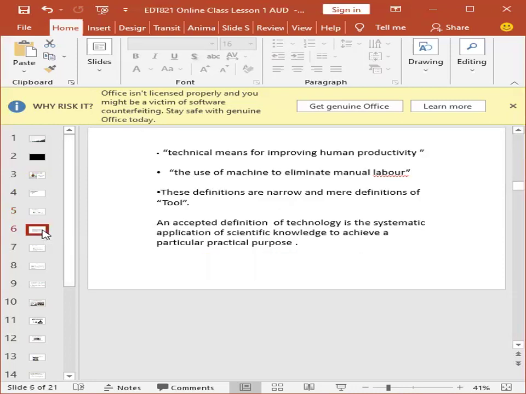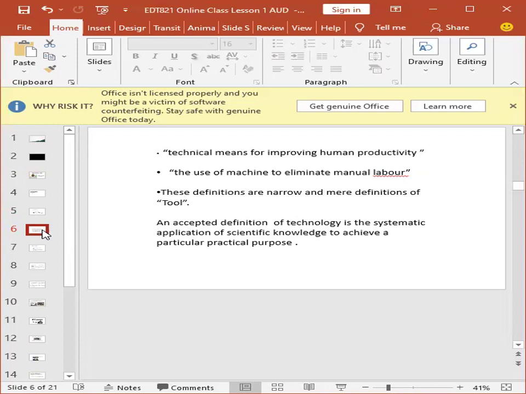The technical means for improving productivity, that is, a tool, can also be referred to as technical means for improving human productivity. A tool can be referred to as the use of machine to eliminate manual labor.